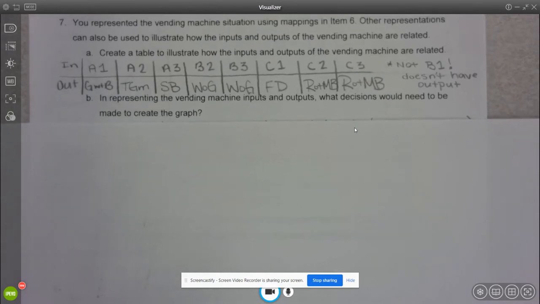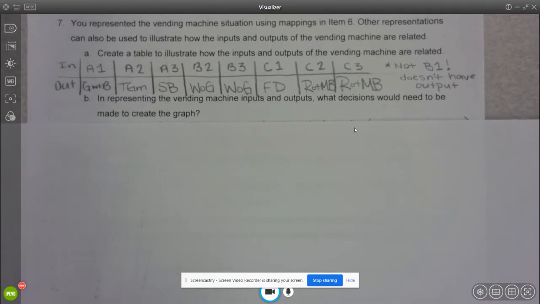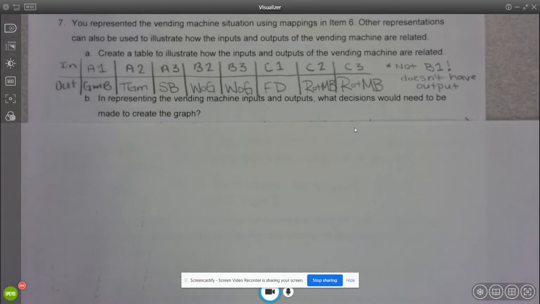So if I was going to take this table and make a graph of this table, I'm going to have dots or points that represent each ordered pair. So along the horizontal axis, I would put the inputs. I would put the actual buttons that are listed.